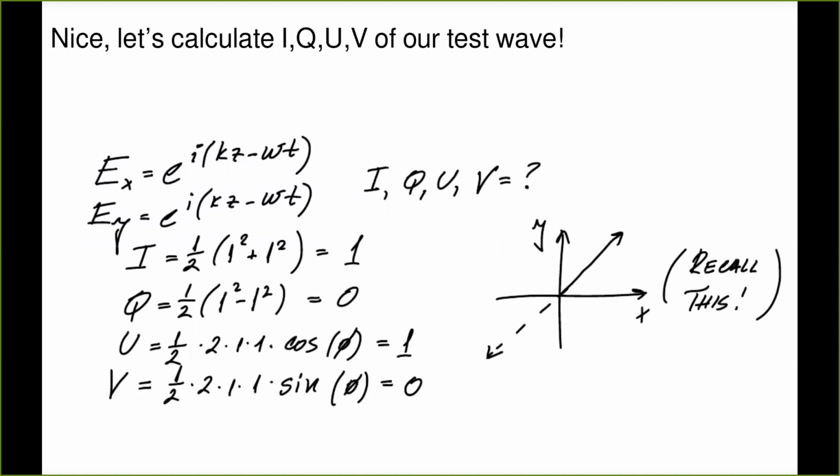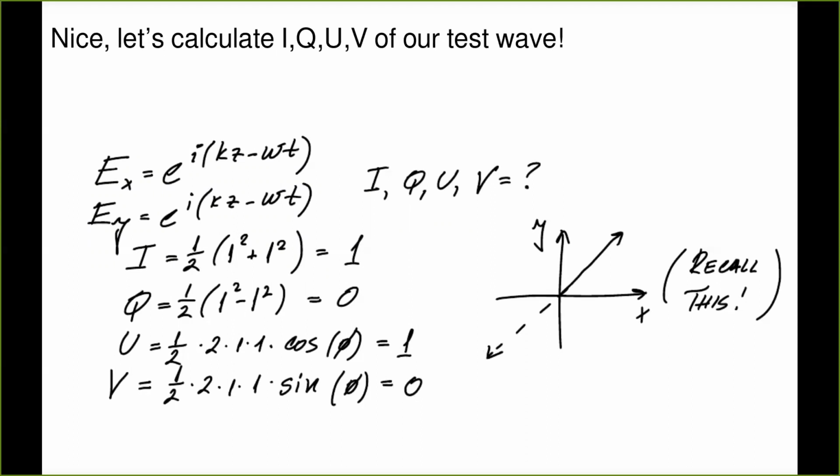Okay, so let's now calculate IQUV for some example. Let's take this example here where EX and EY are the same and they are in phase. If you calculate I, it's going to be what? Well, 1/2 of AX squared plus AY squared, it's 1. Q is AX squared minus AY squared, so it's 0.